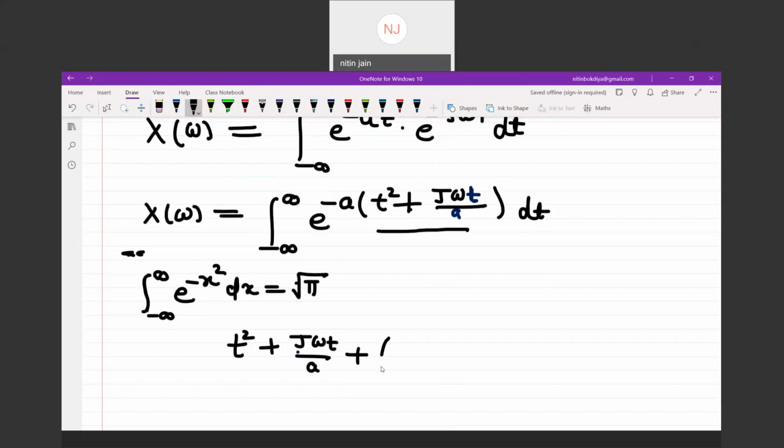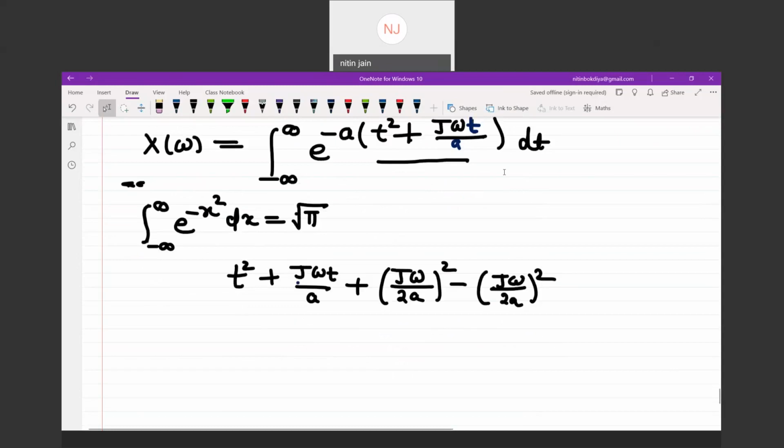Half the middle term, square it, then add and subtract it. So I can say add (j omega by 2a) whole square and subtract (j omega by 2a) whole square. Fine.